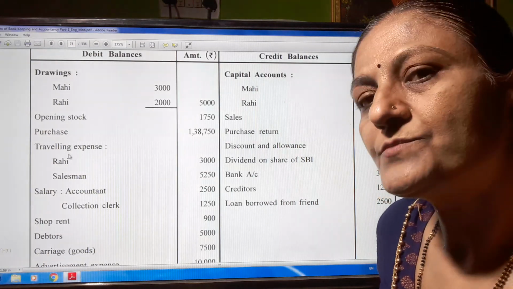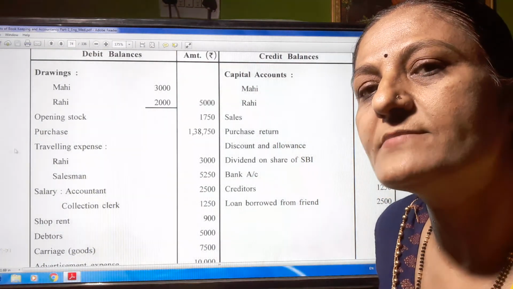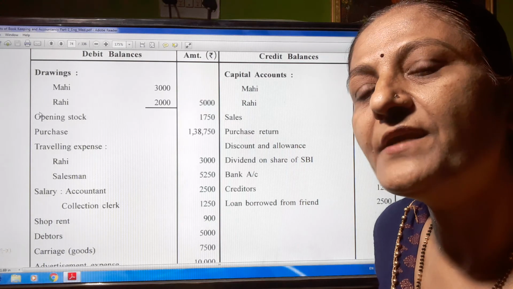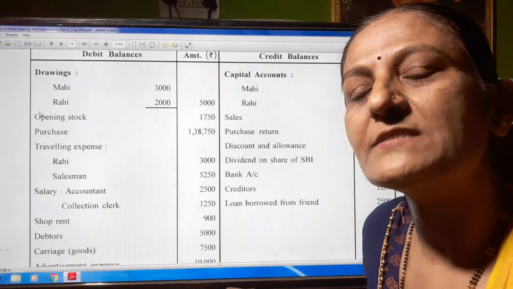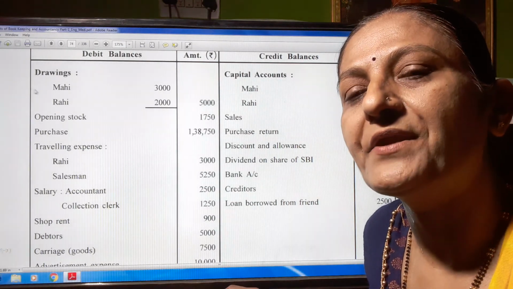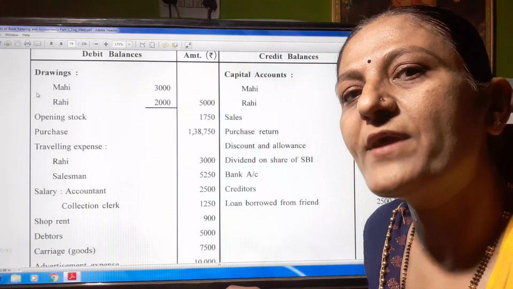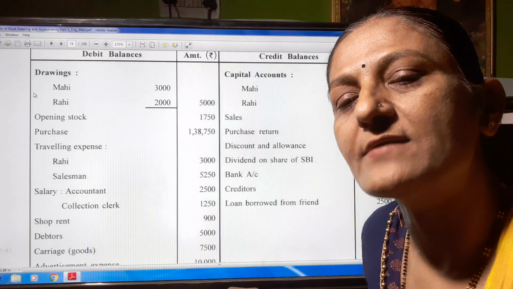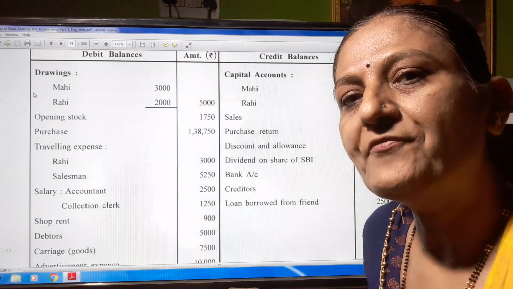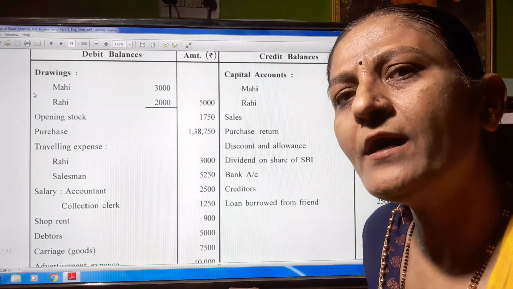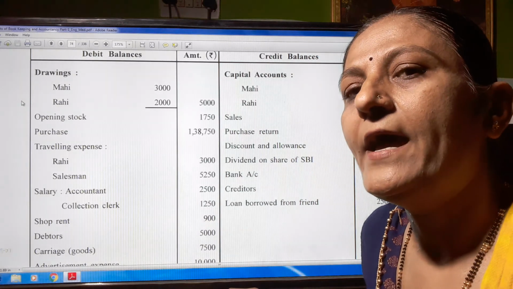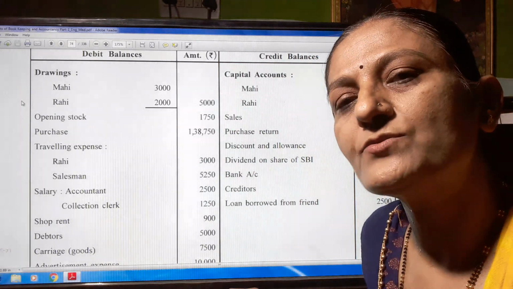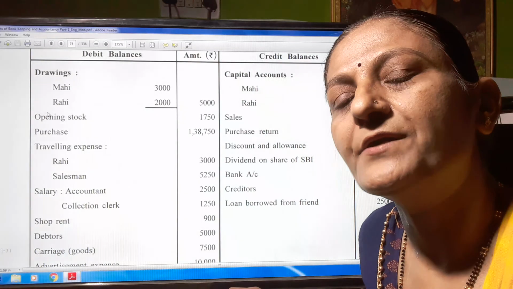Here some expenses and some incomes are there. If a purchase related expense is there, then we have to write it in the trading account. In the trading account debit side we write purchase, and if any purchase return is there, then we minus this amount from purchase. Afterward, all the purchase related expenses and goods carriage, we also write on the debit side of the trading account.